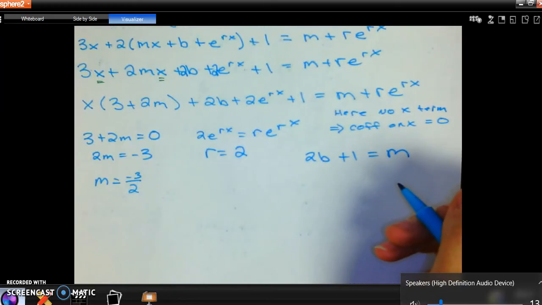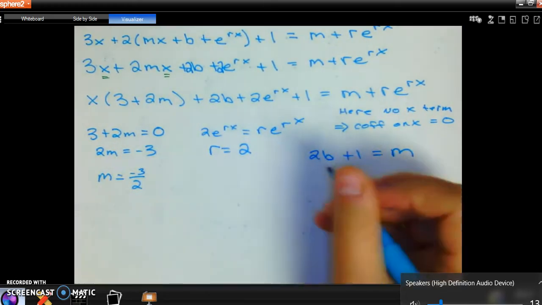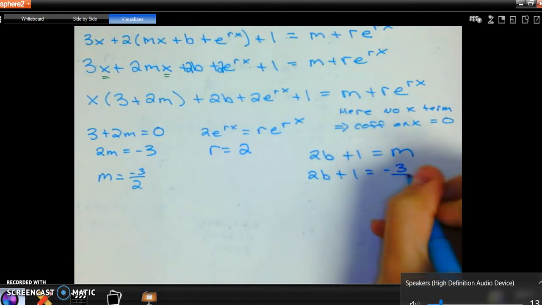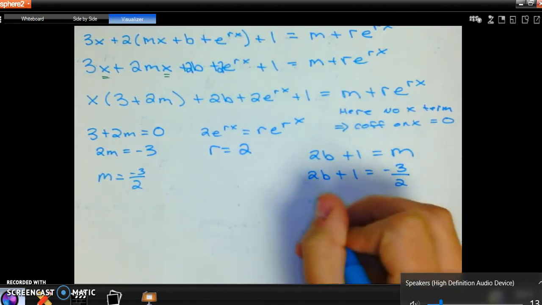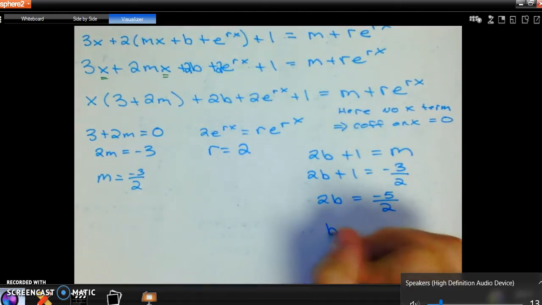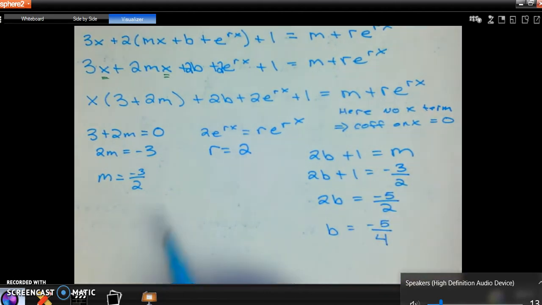And you're like, well, that's terrible because that's two variables again. But now I know what m is. So now I just substitute that m in there. So that's -3/2. Subtract 1 from both sides. So that's -5/2. Divide both sides by 2. So I got -5/4. So now it asked me to solve for r, m, and b.